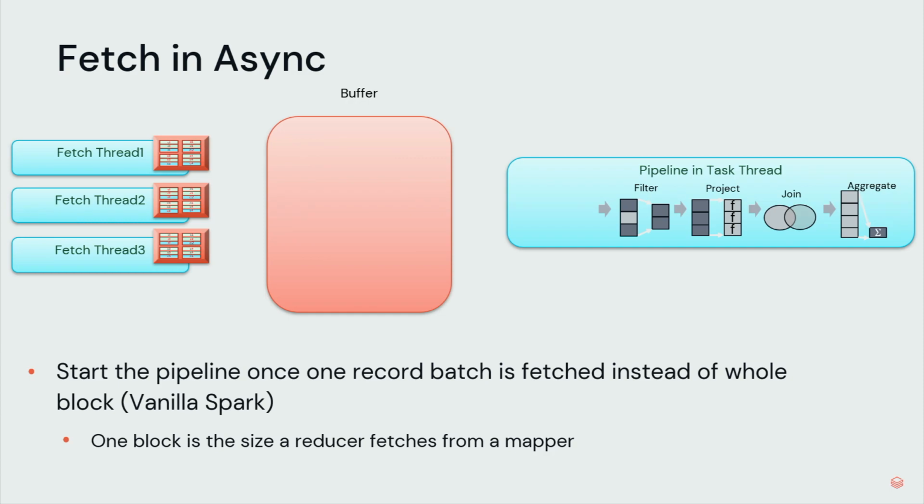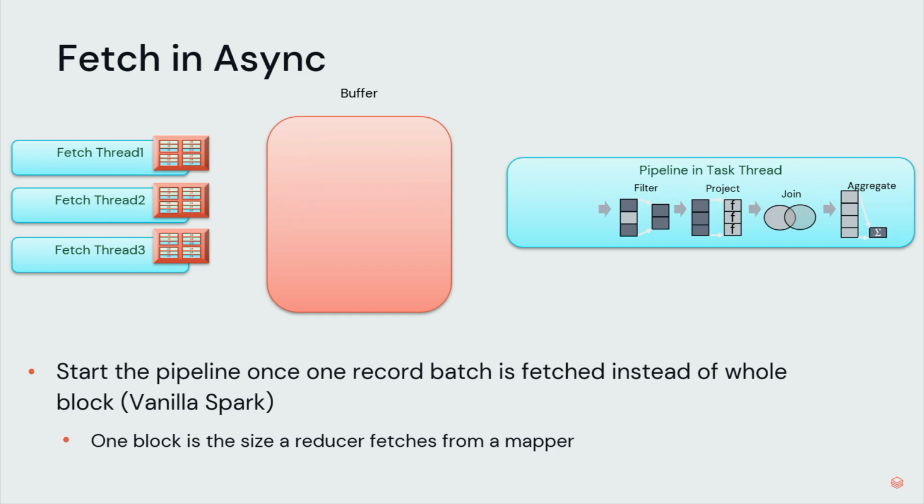But the difference is that currently the data is organized in record batches. So the compressed data and the saved data are all organized as record batches. And so when the reducer reads the data, it doesn't need to read the whole memory block. In the vanilla Spark implementation, it must read the whole block from one remote node.